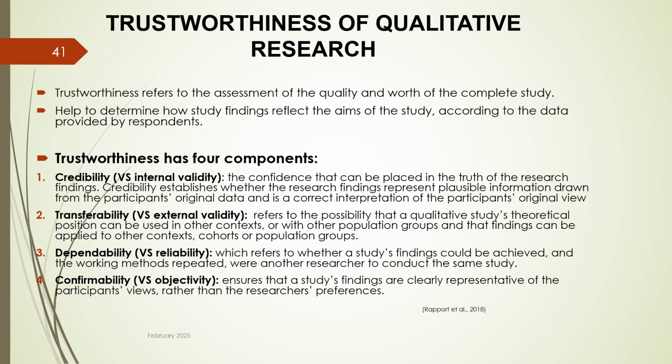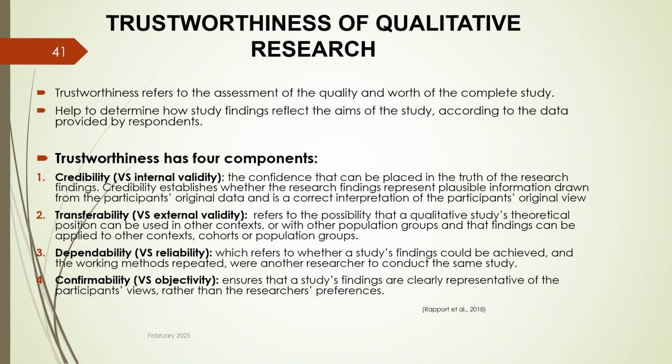Secondly, we are talking about transferability. Transferability is versus external validity, or what we call generalization in quantitative research. It refers to the possibility that a qualitative study's theoretical position can be used in other contexts or with other population groups, and that findings can be applied to other contexts, cohorts, or population groups.